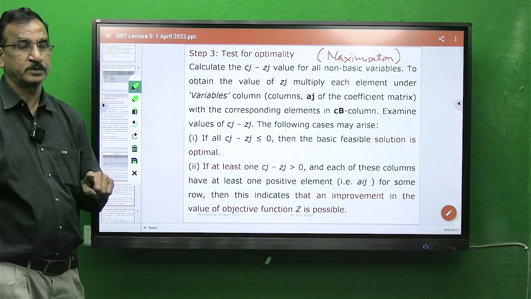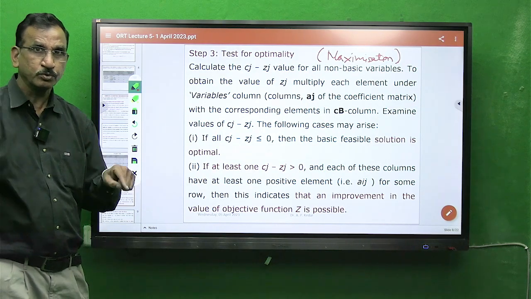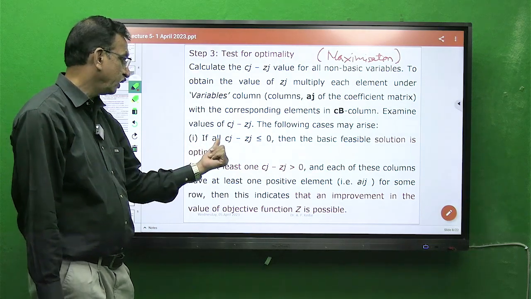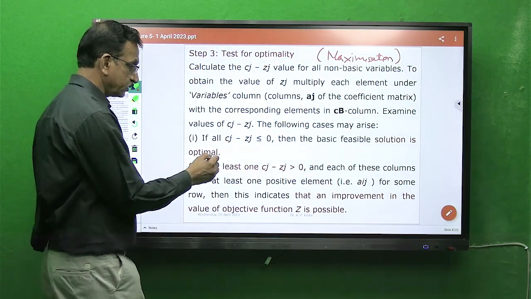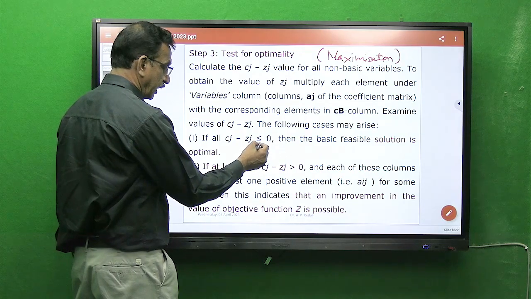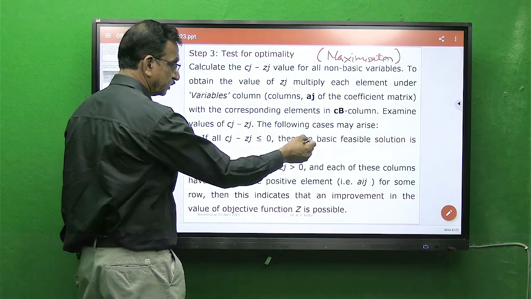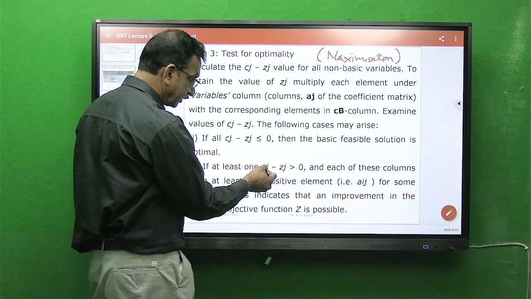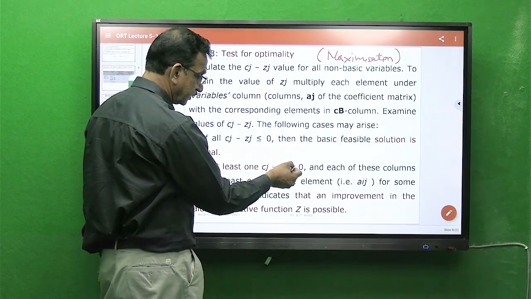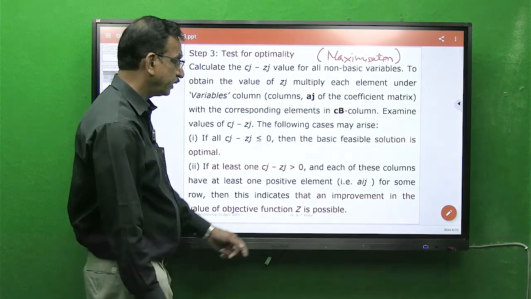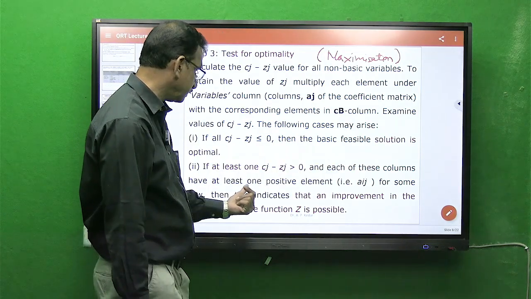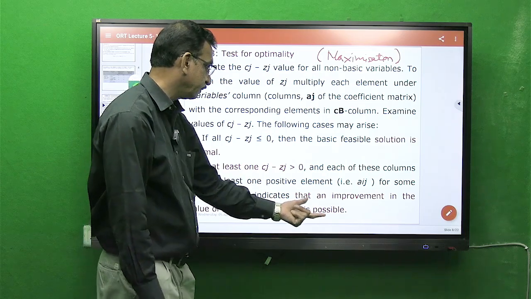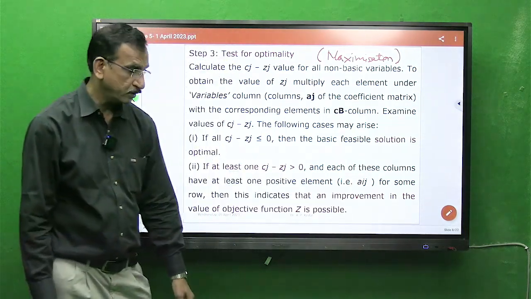For a maximization case, for the solution to be optimal, remember, if all Cj minus Zj are less than or equal to 0, then the basic feasible solution is optimal. If at least one Cj minus Zj is greater than 0 and each of these columns has at least one positive element for some row, then this indicates that improvement is possible.